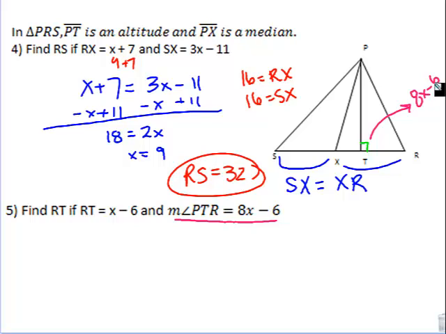So we can create the equation 8x minus 6 is equal to 90. Now to solve for x, we would add the 6 to both sides. So then we would have 96 is equal to 8x.